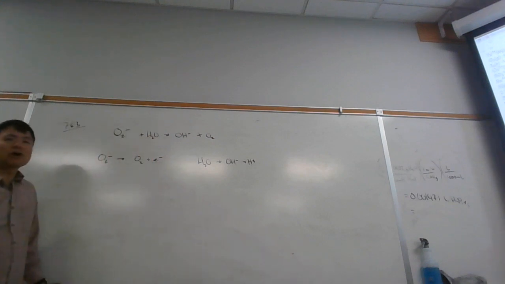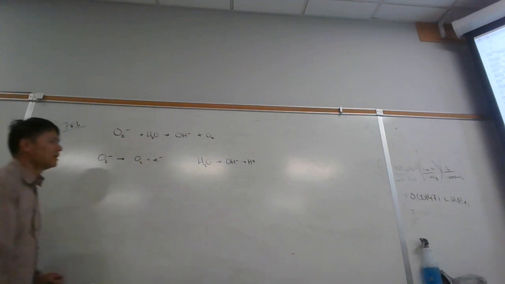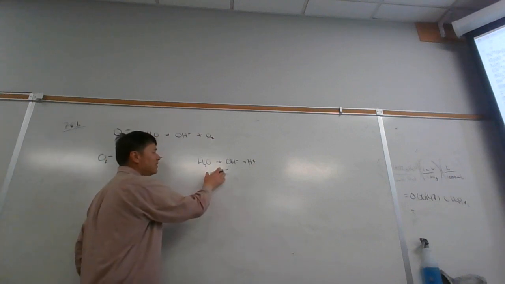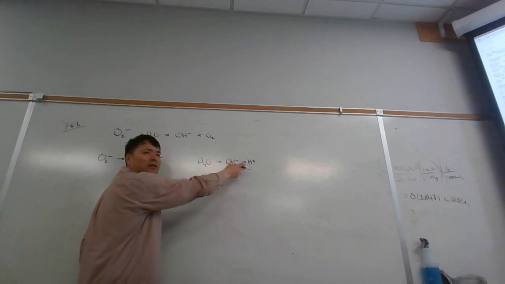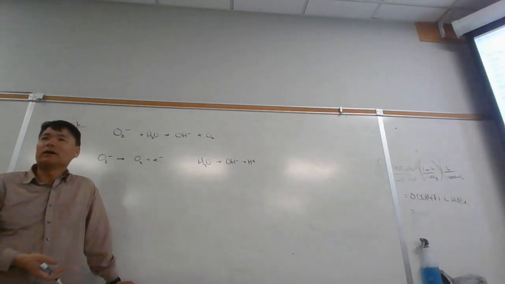Okay, then we balance the charge. But when we go to balance the charge, is there any charge to balance? There's no charge to balance. In fact, if you look at this, this is not a redox. This is an acid base, hydroxide and H plus. Strong acid, strong base, right?